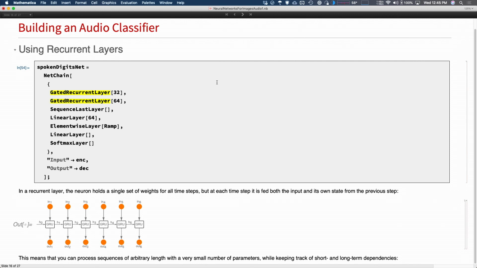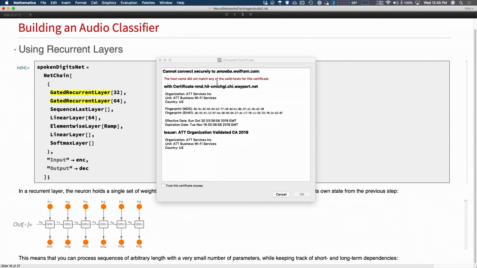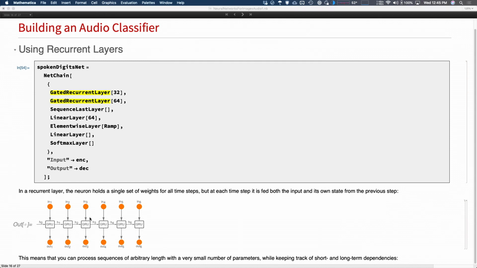So we apply these weights at step number 1, produce an output and an internal state, and feed those values to the next step, which will receive, again, the internal state of the previous time step and the data at that specific time step. So we can process sequences of arbitrary length with a very small number of parameters. And this keeps track of both short and long-term dependencies.